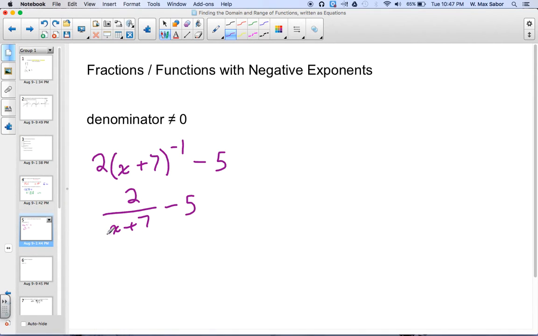And you can see there's a denominator, which must be set not equal to 0. And then we can solve to say that the domain is x not equal to negative 7. Now, if this function is named f of x, you would say the domain of f of x is x not equal to negative 7.